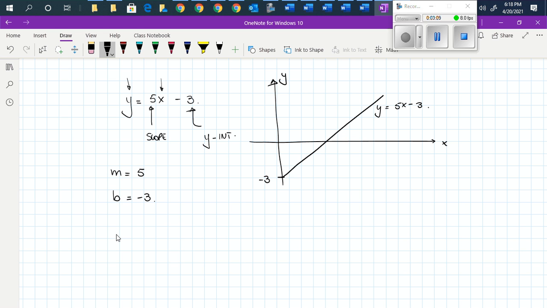So when we have the slope y-intercept form of the equation, whatever is the number without the x gives us the y-intercept.